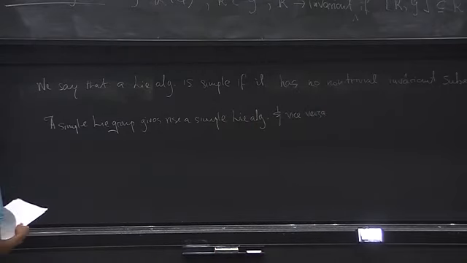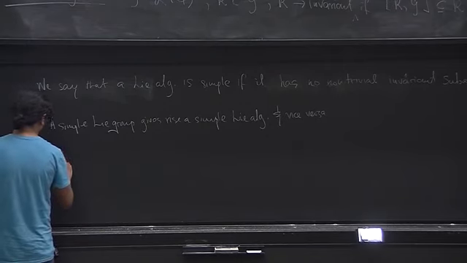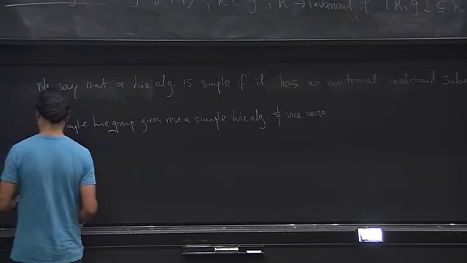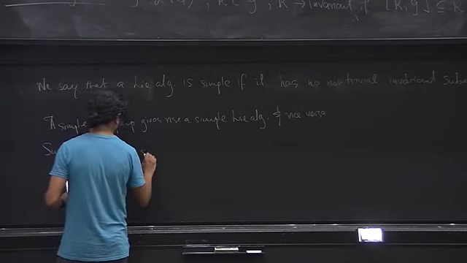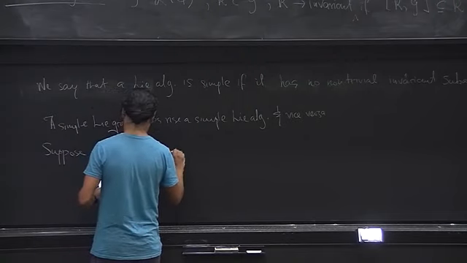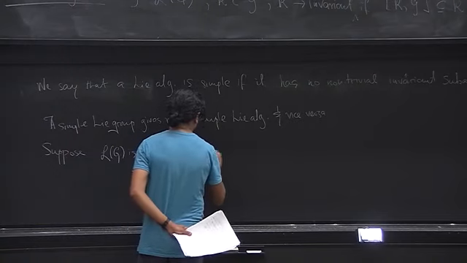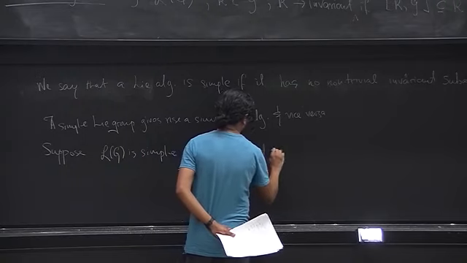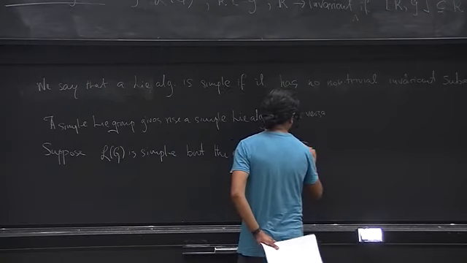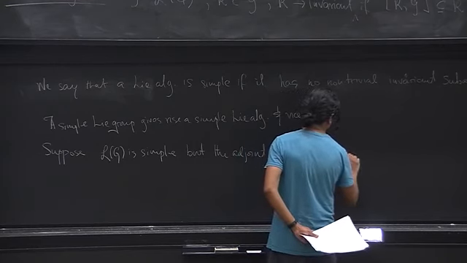So I just want to show something. Suppose the Lie algebra is simple, but the adjoint representation is, say, reducible.